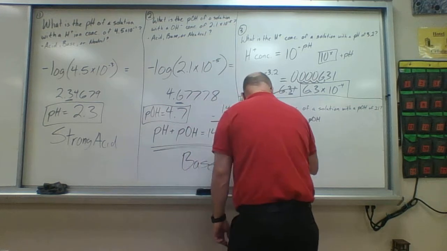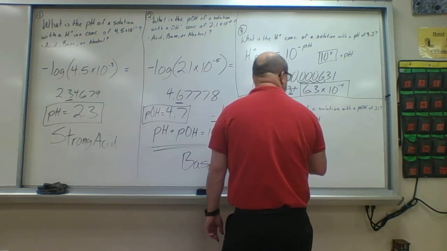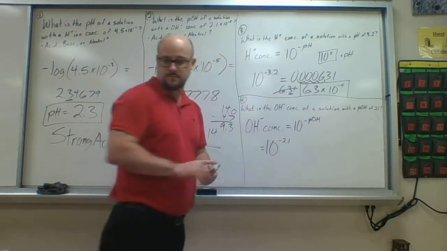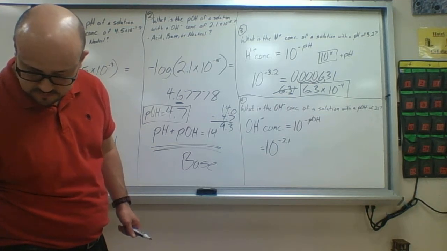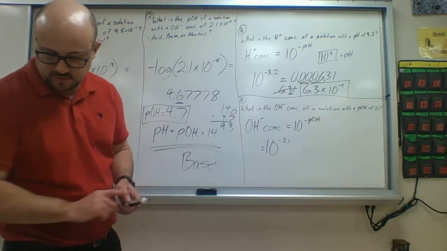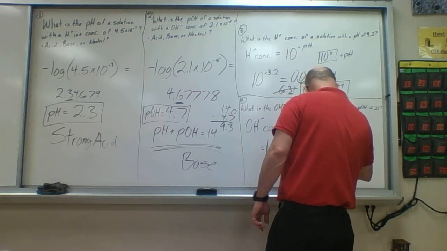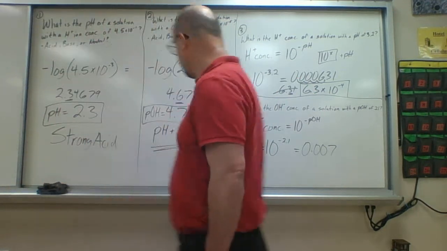So for this problem it's going to be 10 to the negative 2.1 power. So hit your 10x button. Negative 2.1 gives you 0.007943.